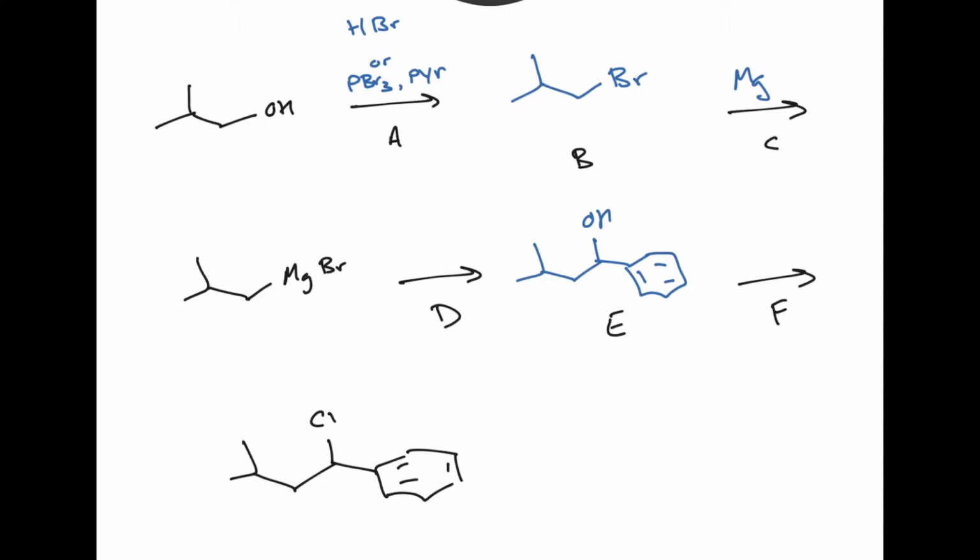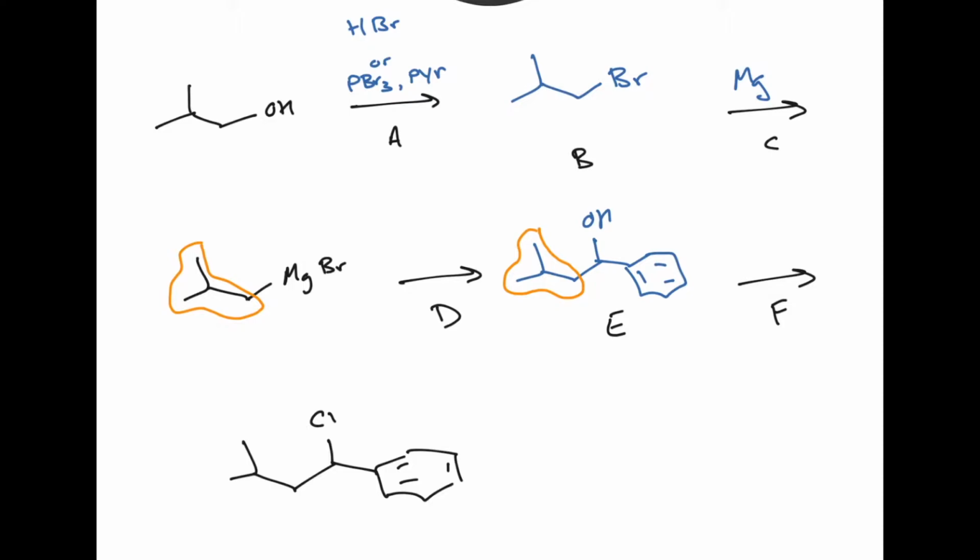If you look at E, you can see where the Grignard reagent added to another molecule, right? Because right here, that is right there. So I have a secondary alcohol.